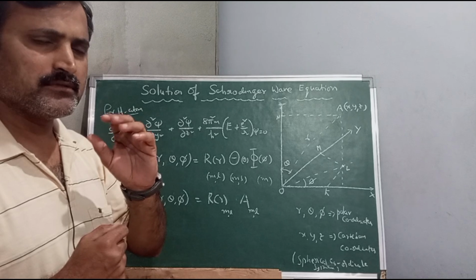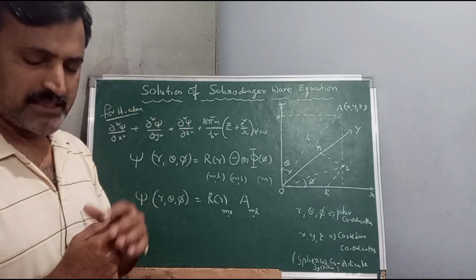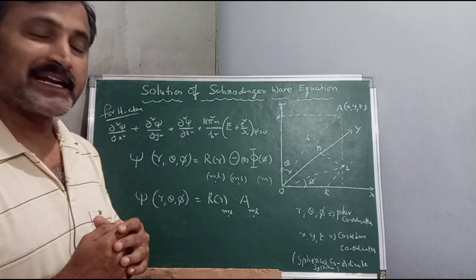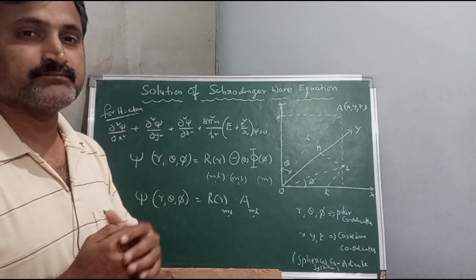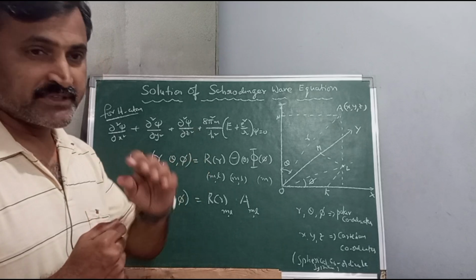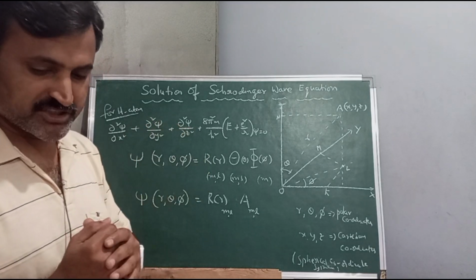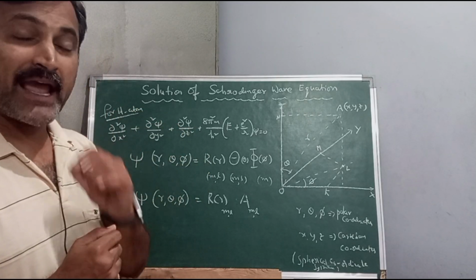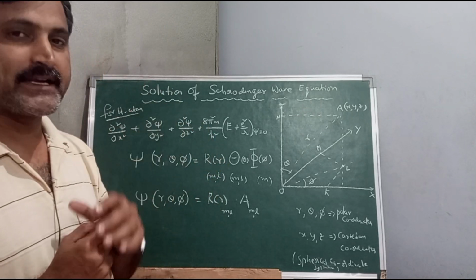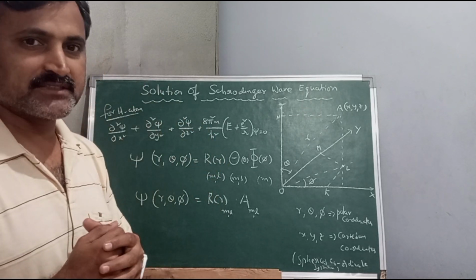That energy value of the hydrogen electron in the Bohr atom is very clearly explained by the Schrodinger wave equation. That means the solution of the Schrodinger wave equation is useful to calculate the energy of the electron in the hydrogen atom. That is one important significance.